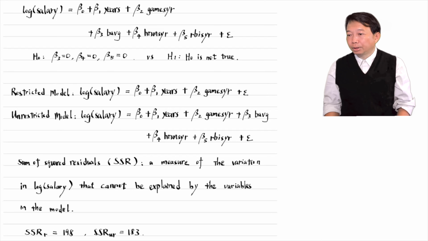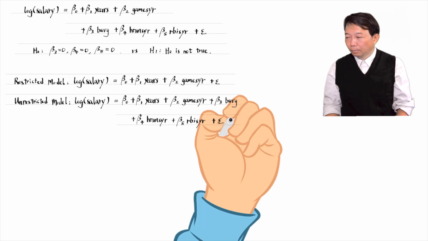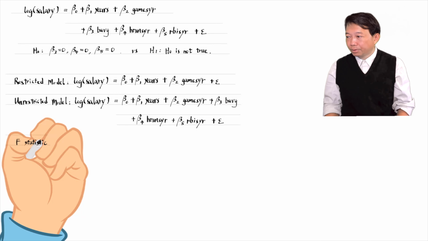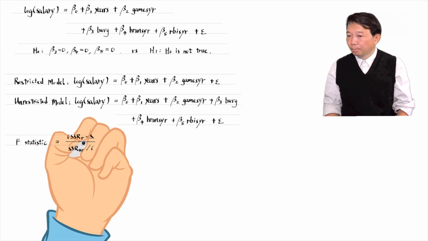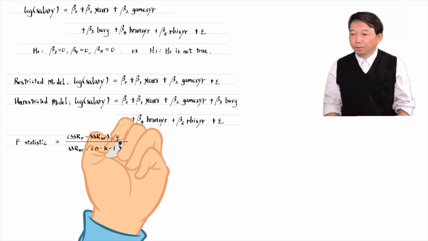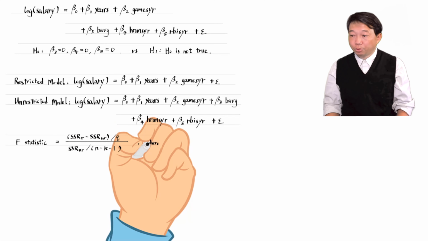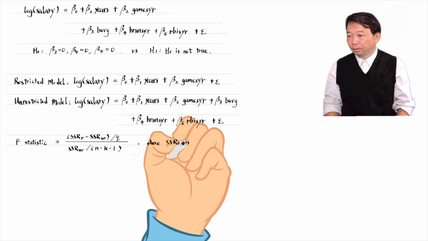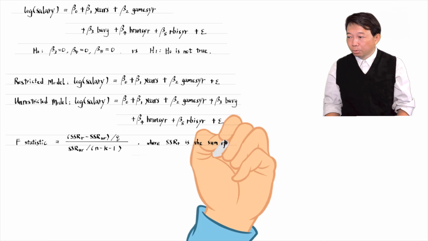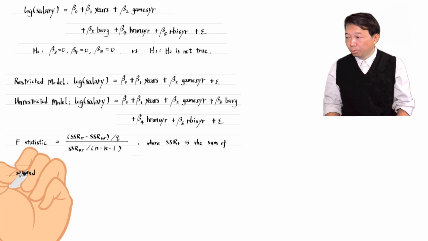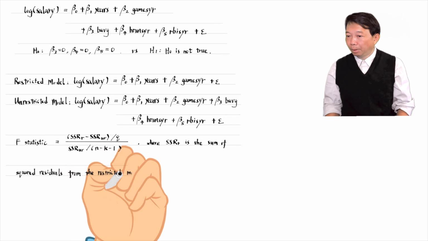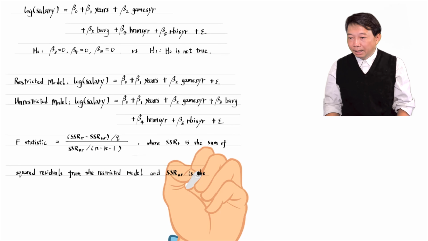That is, the change in the sum of square residuals relative to that from the unrestricted model. The F statistic is defined as follows. The numerator is the change in the sum of squared residuals, and the denominator is the sum of squared residuals from the unrestricted model. Both are adjusted by their degrees of freedom.